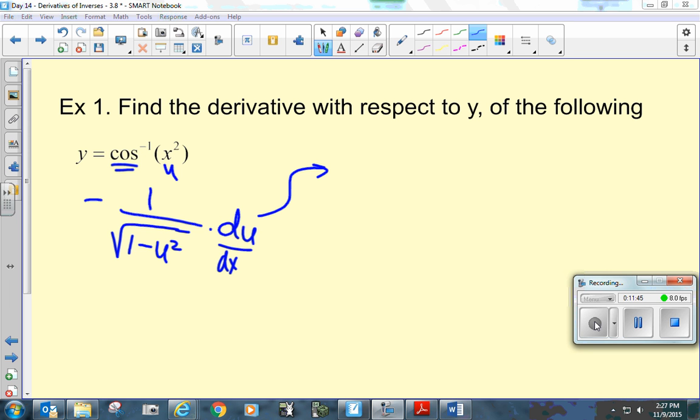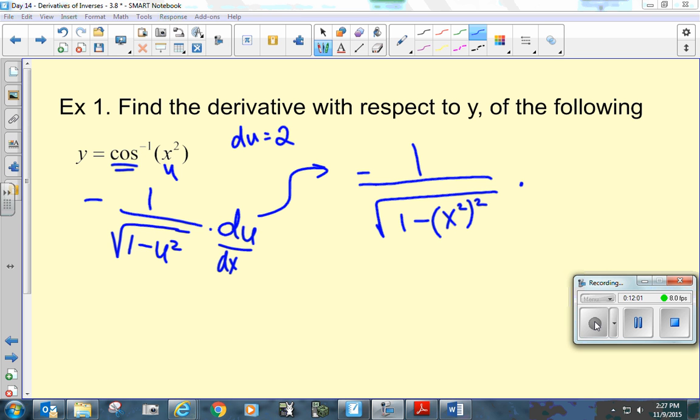So I'm going to say negative 1 all over the square root of 1 minus u, which is x squared, times the derivative of u, which is 2x.